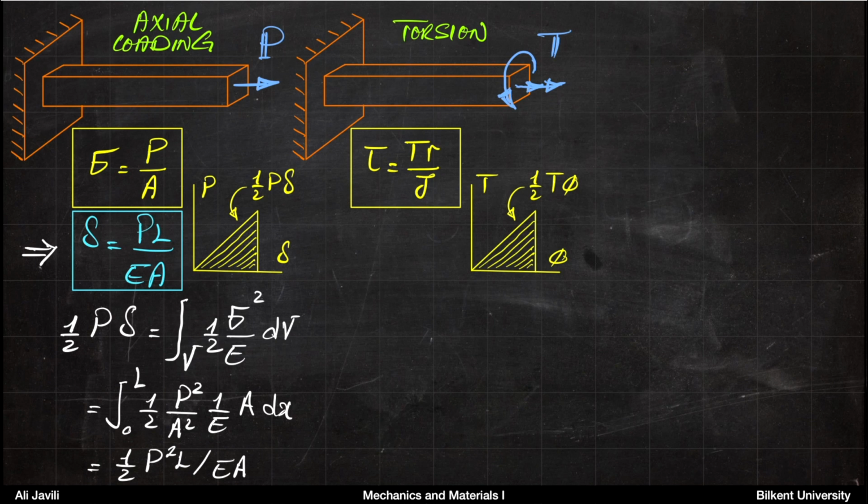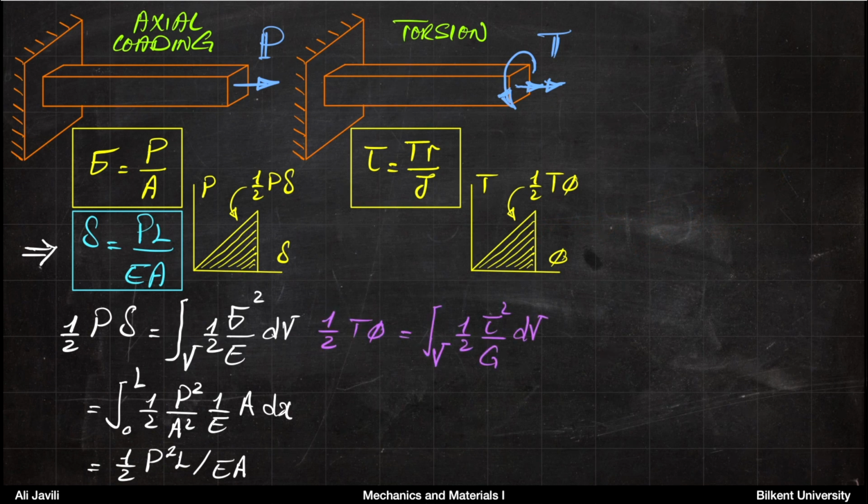And the external energy, or then again, the work that you apply, is 1/2 of T times phi, where T is torque and phi is angle of twist.